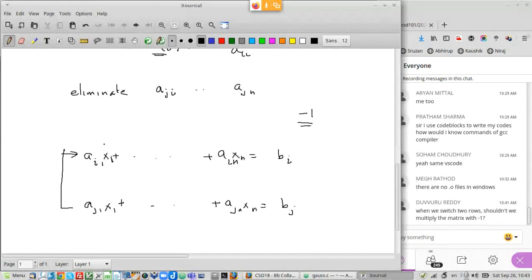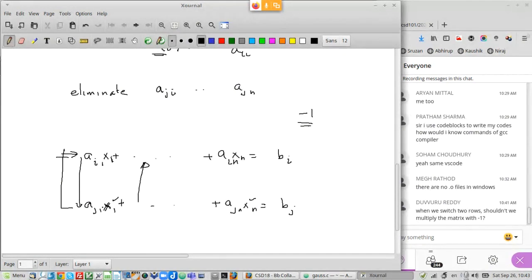Because if you just interchange, this is a system of linear equations. The order in which the equations have been written does not change anything. And all that is happening when you interchange two rows during the triangulation process, at no point are we calculating determinants. It is simply that this row comes here and this row goes there. So the values for x1 etc. do not change, right?